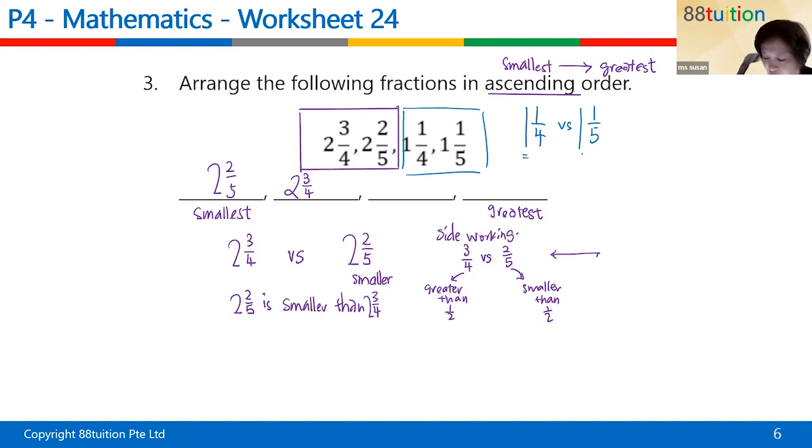This is a similar whole number, so I compare. I do my side working here. 1/4 compared to 1 out of 5. What can you do now? When you compare them, which one is the smaller fraction? Are you able to tell from here? Ivan, can you tell?